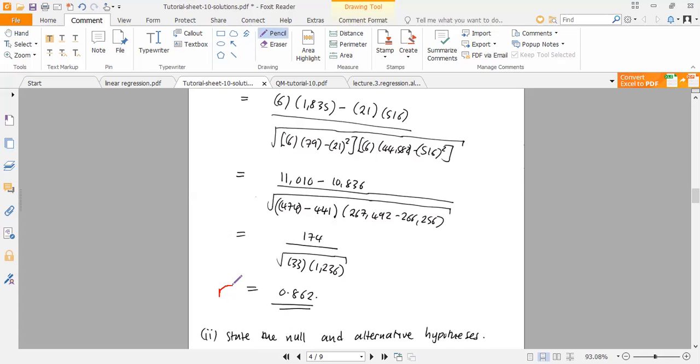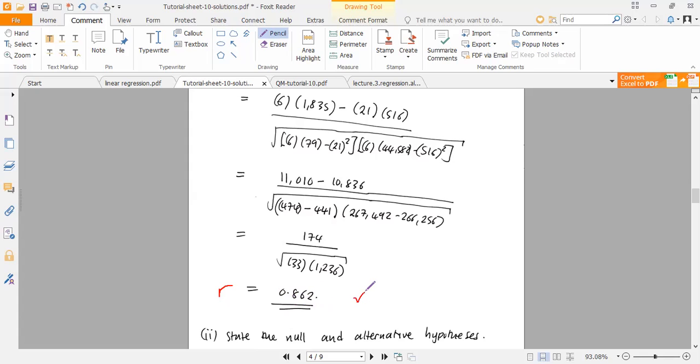Okay, so even without the graph, we're able to tell the strength of the relationship and the direction of the relationship. What we've just calculated is just the direction of the relationship. Here we're only interested in the positivity or negativity of the regression. So our r is 0.862.